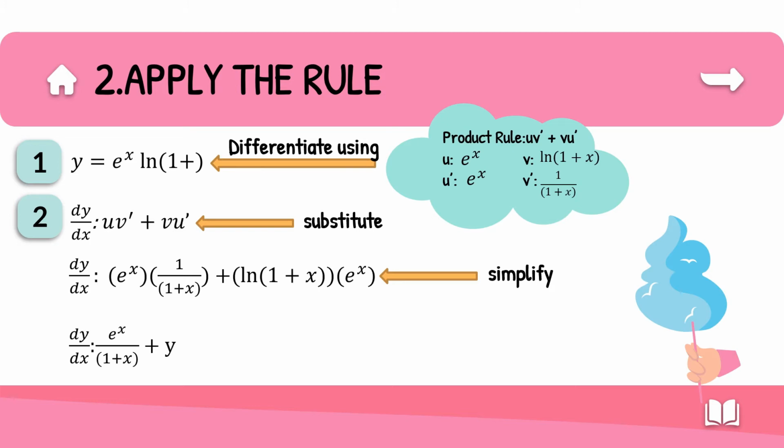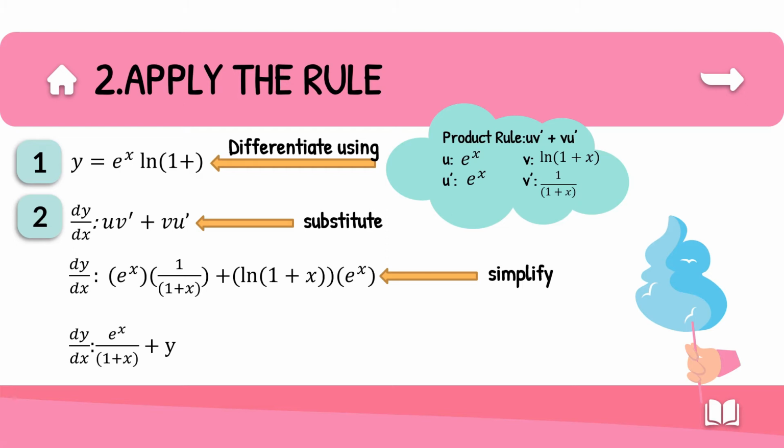So in order to find dy over dx for the equation, we have to substitute the values into the equation, where u equals e to the power of x, v' equals 1 over 1 plus x, v equals ln(1 plus x), and u' equals e to the power of x.